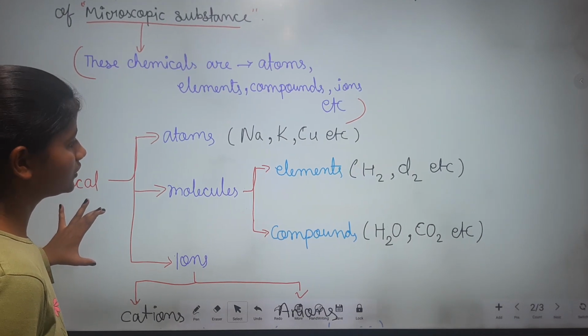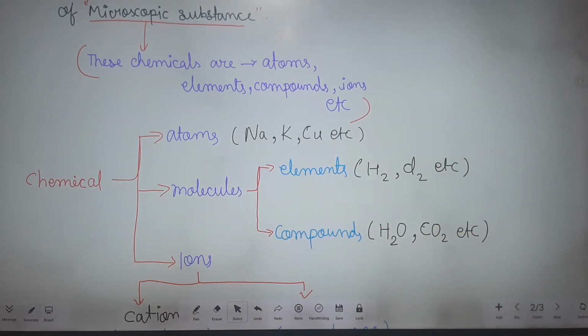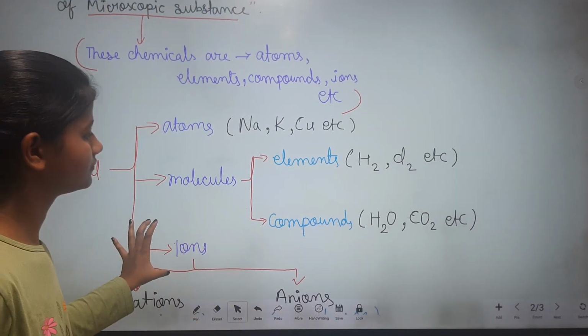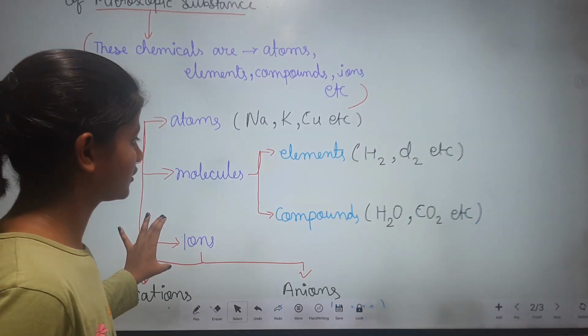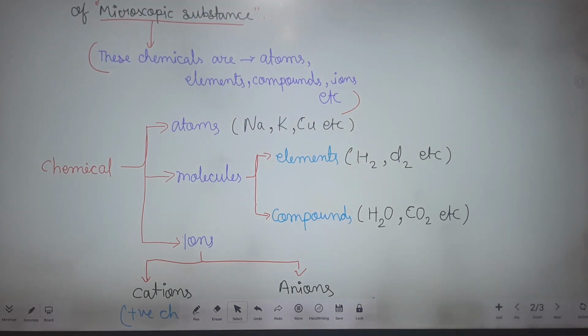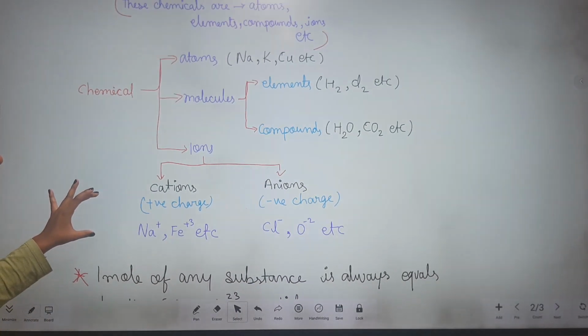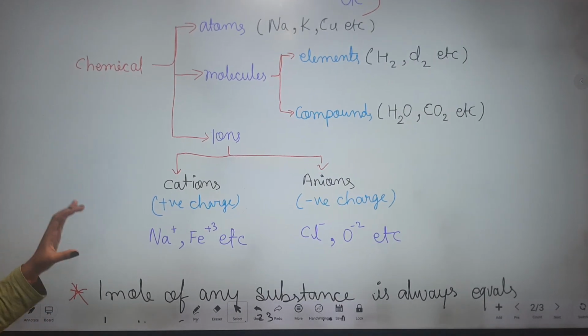After that, molecules are divided into two: elements, for example hydrogen, helium, etc., and compounds, for example water H2O or carbon dioxide CO2. After that, ions are of two types: cation and anion.